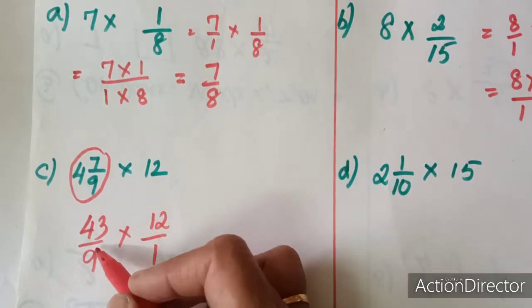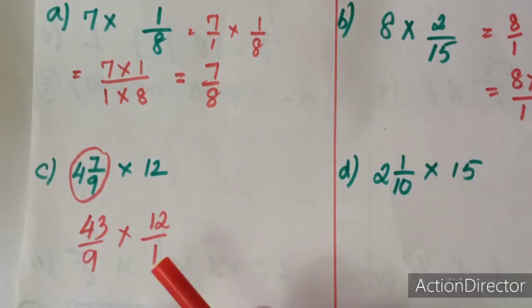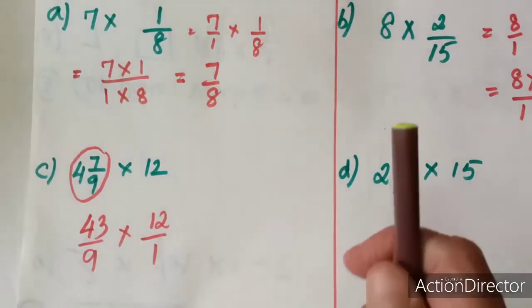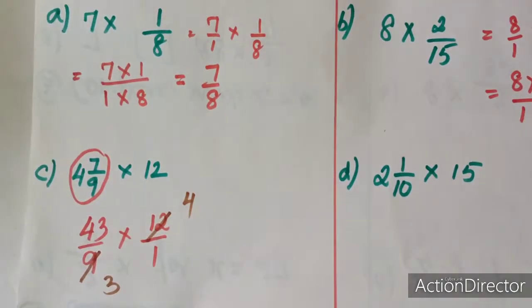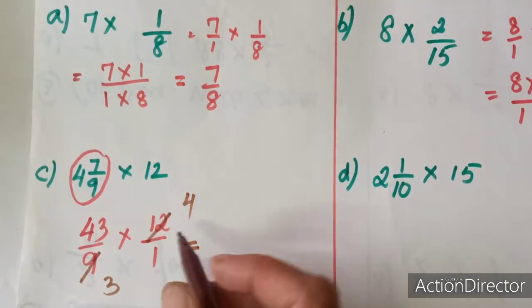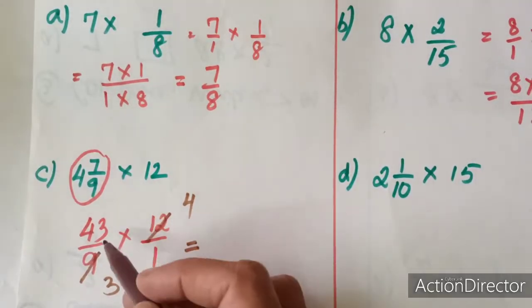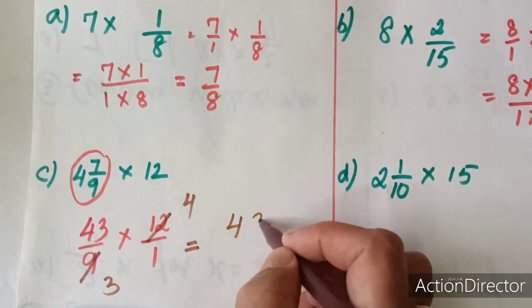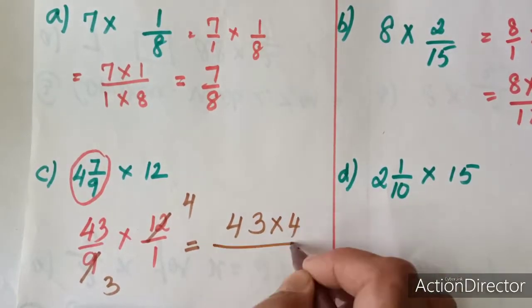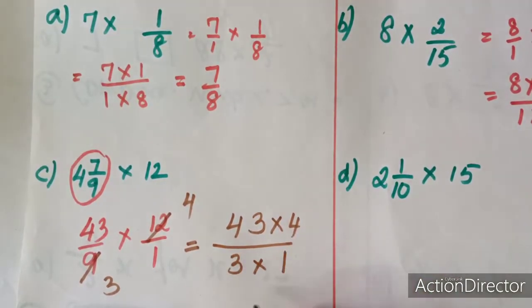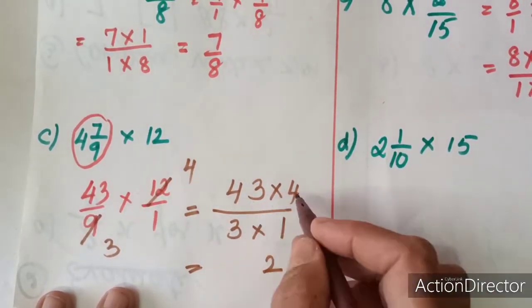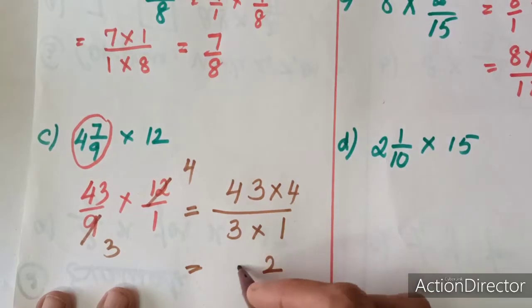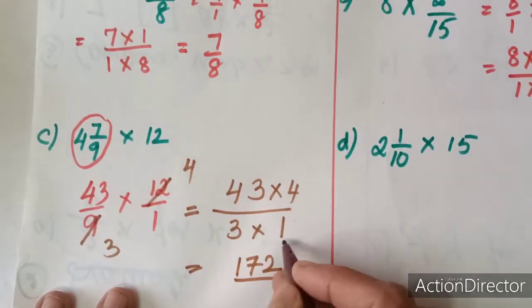So I can write 3 3s are 9 and 4 3s are 12. After cancellation, I cannot cancel any more numbers. So I will multiply the numerator, 43 into 4, and the denominator, 3 into 1. So 43 into 4 is 172 upon 3 into 1 is 3.